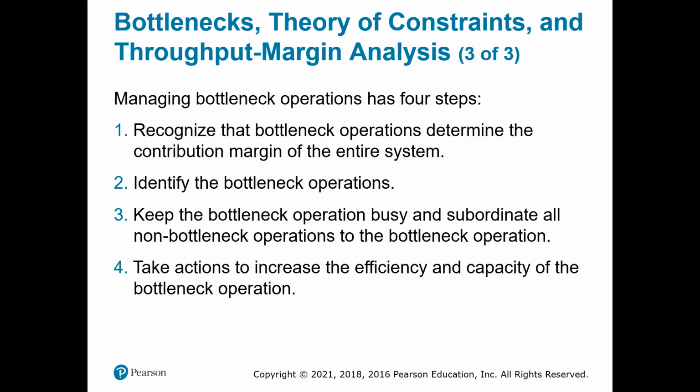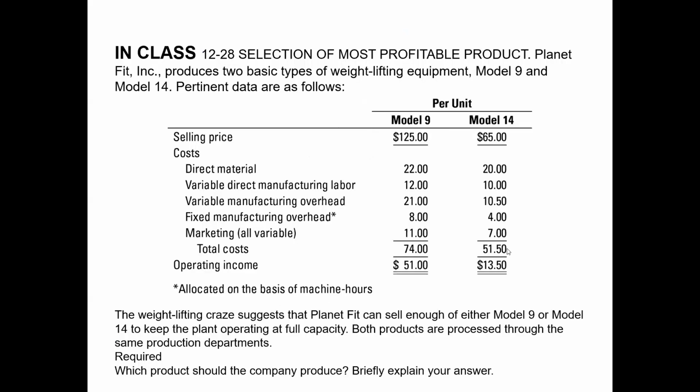Managing bottleneck operations has 4 steps. First, recognize that the bottleneck operation determines the contribution margin of the entire system. We need to identify the bottleneck operation, and keep the bottleneck operation busy. In other words, use that and subordinate all non-bottleneck operations to the bottleneck operation, and take actions to increase the efficiency and capacity of the bottleneck operation.